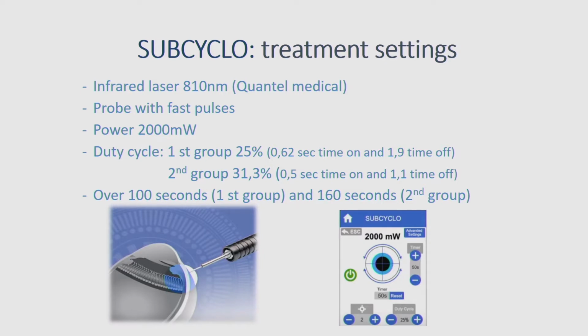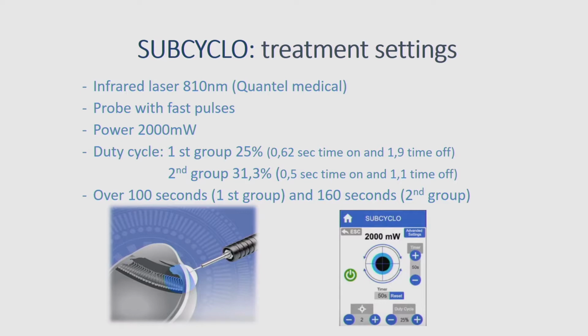We used an infrared laser, about 810 nanometers, with a new probe which produces fast pulses. In the device, we selected the SubCyclo mode, and the laser settings were a power of 2,000 milliwatts and a duty cycle of 25% in the first group and 31.3% in the second group.